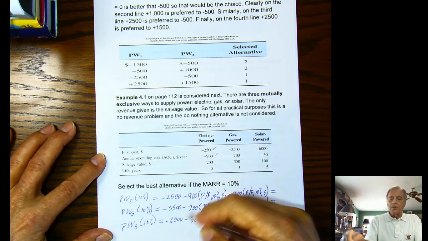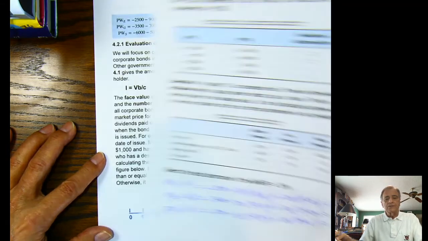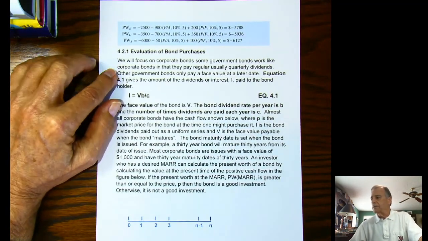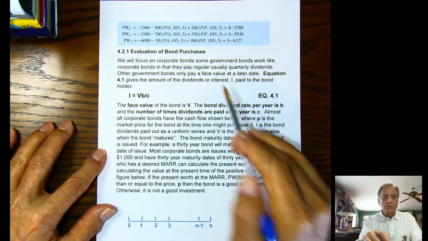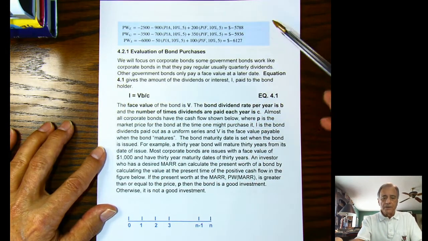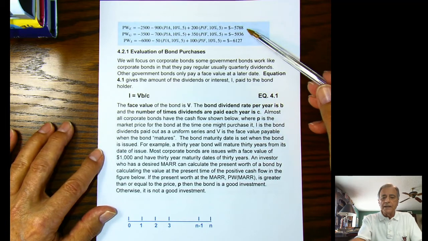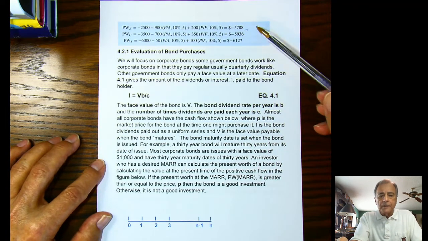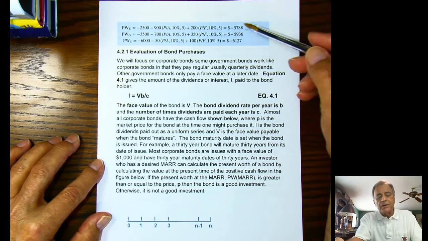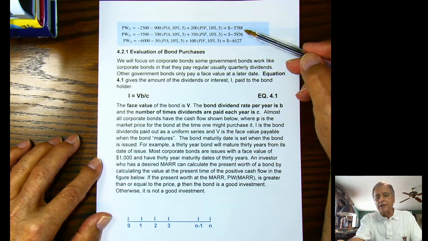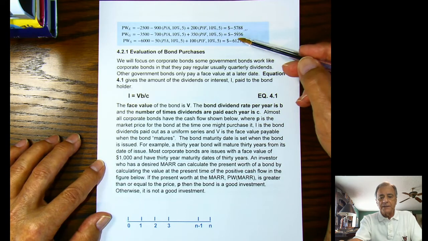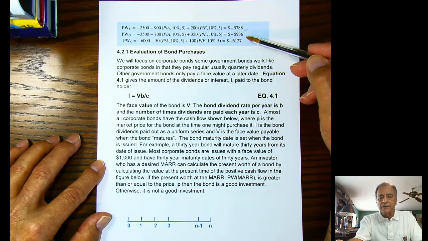And the author works this out for you, and his result is presented in the text. When you work the numbers, you get minus $5,788 for the electric present worth. For the gas, it's minus $5,936.